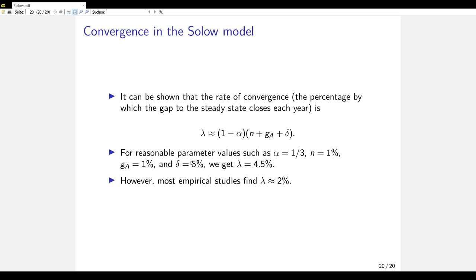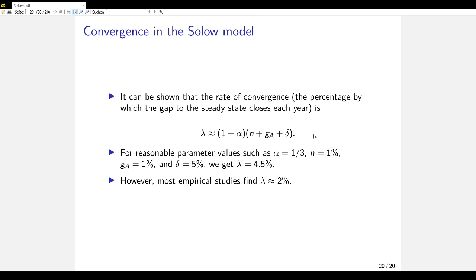Now, if we take reasonable parameter values, such as alpha 1/3, as we've already used it frequently, a population growth rate of 1%, which is close to an average population growth rate of the World Development Indicators for many countries, a growth rate of technologies or technological progress of 1% per year, and a rate of depreciation of 5%, then actually this expression tells us that the rate of convergence is 4.5%.